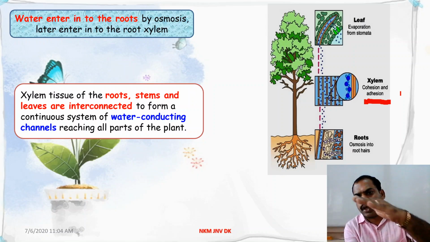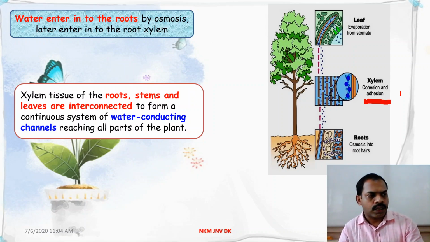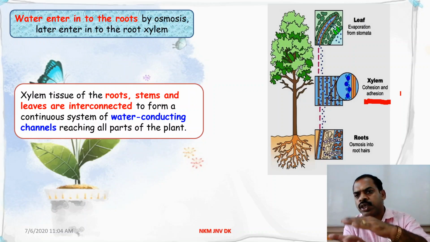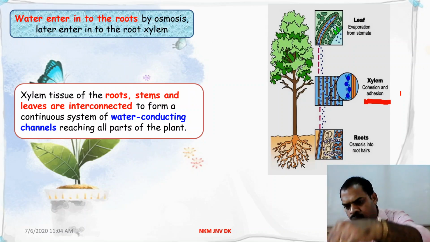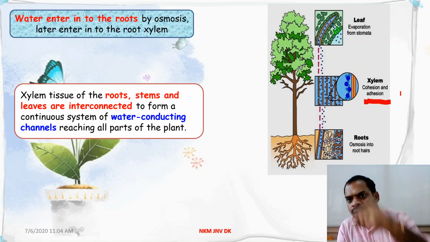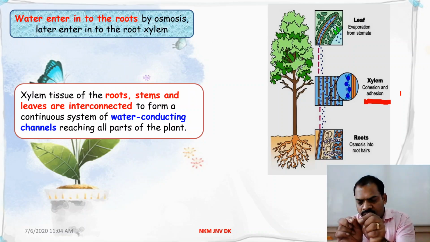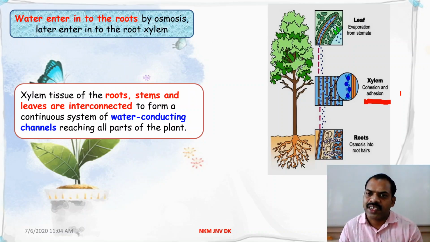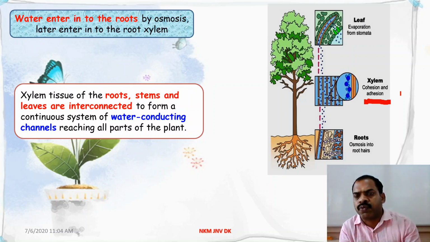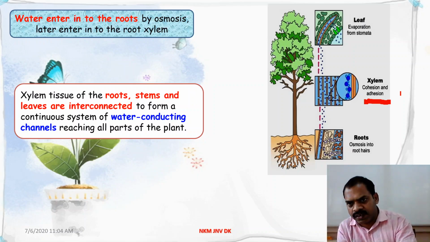Suppose two papers are kept together. It is easy to separate them. But if you dip the two papers together into water and take them out, it is difficult to separate them, because they have cohesive force and adhesive force. What is happening there?